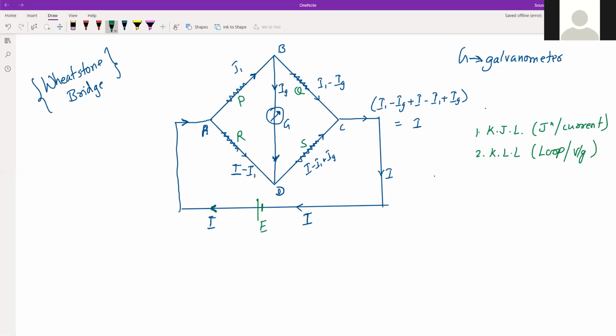Next task is to apply Kirchhoff's loop law or the voltage rule, and then get some equations between the resistance, the current and the voltage. So what does that mean? It's simple. Loop law is like this. I think we have already discussed it, but still.